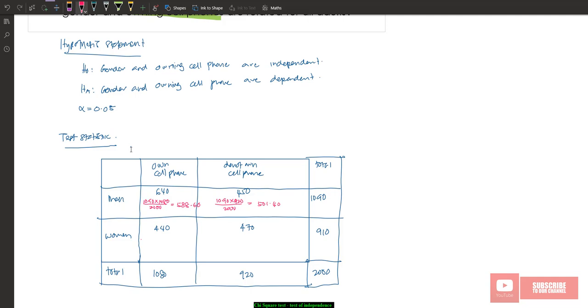This one is 910 multiplied by 1080 divided by 2000, equal to 491.40. And the last one is 910 multiplied by 920 divided by 2000, which is equal to 418.60, right?